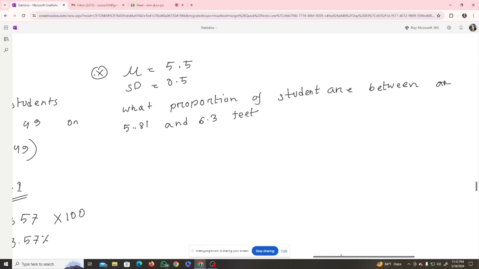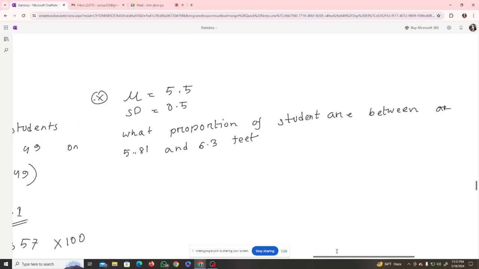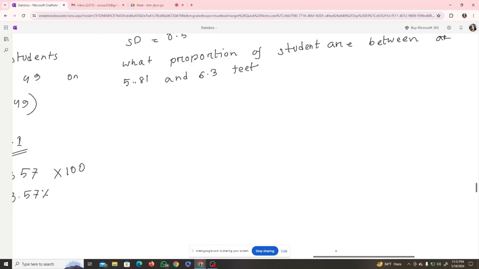So in XYZ university, you have to find the proportion, or you can find the percentage by simply multiplying by 100. You have to find the percentage of students that have a height from 5.6 feet to 6.3 feet, right? So before that, let's draw the normal distribution for this.